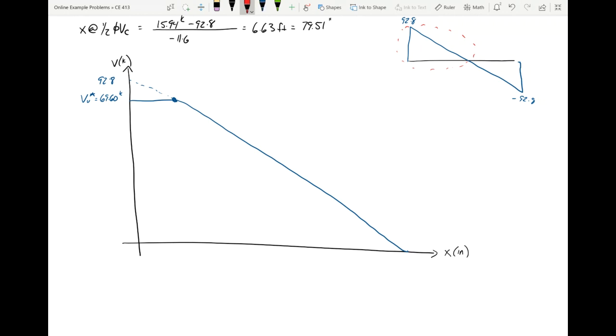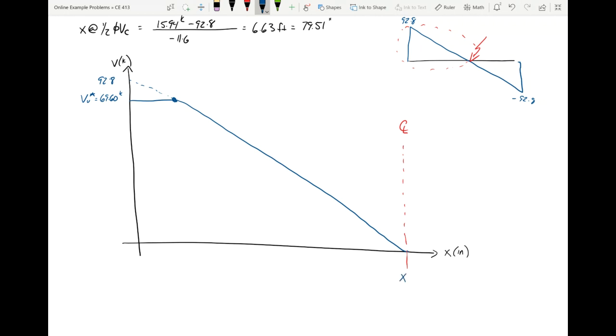Now over here at the very end, that's the midspan. I'll call this the center line of the beam, or the midspan. That would be this point right here. If you remember, the beam is 16 foot long.